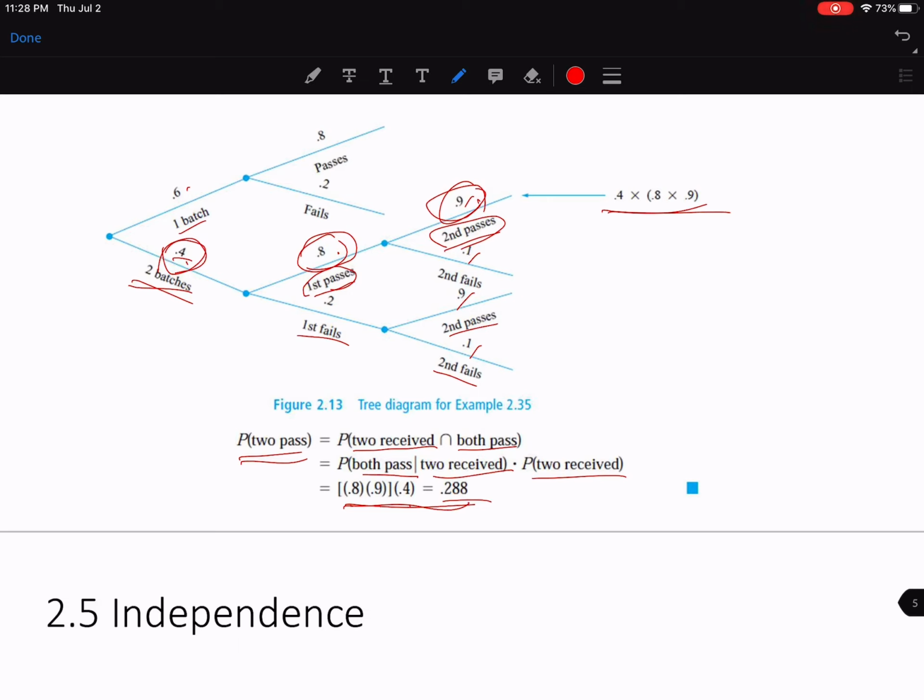Now, what if I want to ask, what is the probability of no pass?